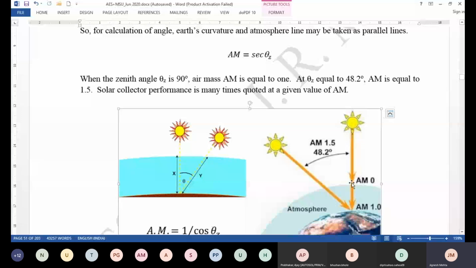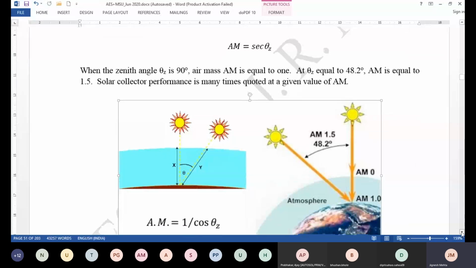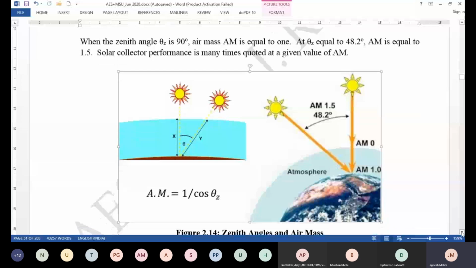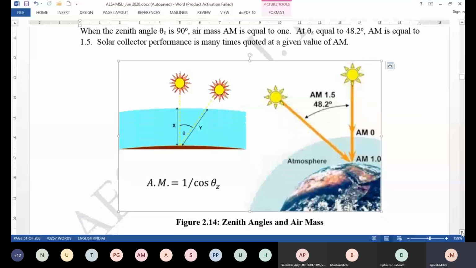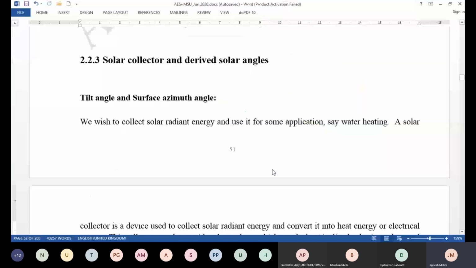Unless you are talking about some space application, you will not encounter AM less than 1. It is always 1 or more. The extraterrestrial solar radiation, what you get outside Earth's surface, is assigned air mass 0.